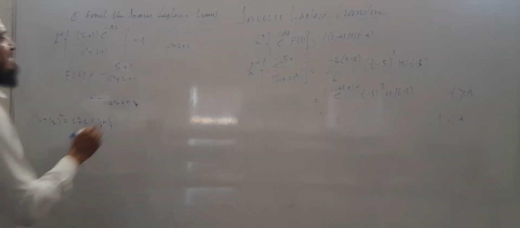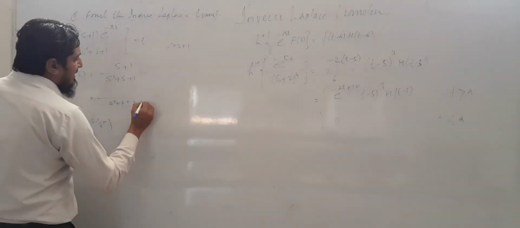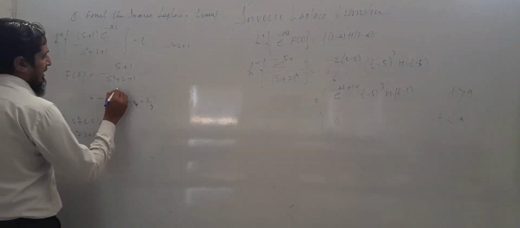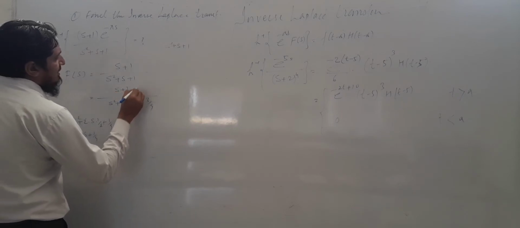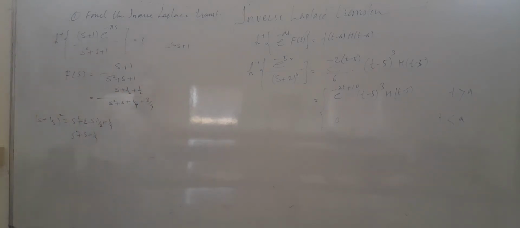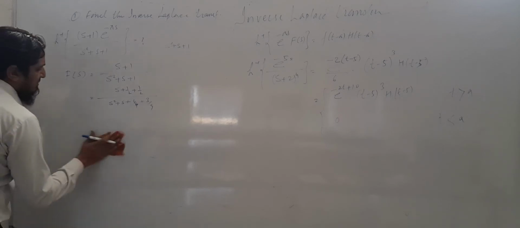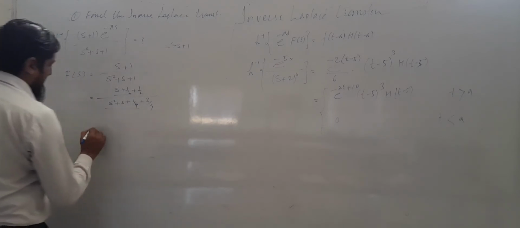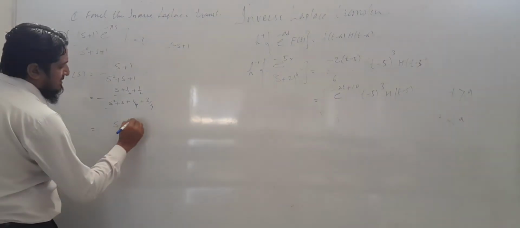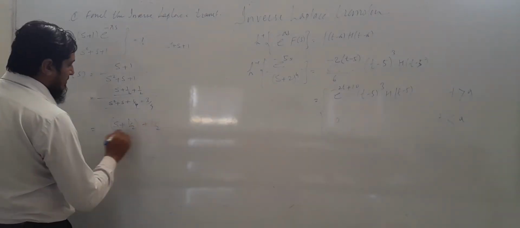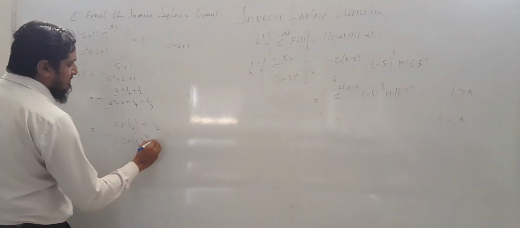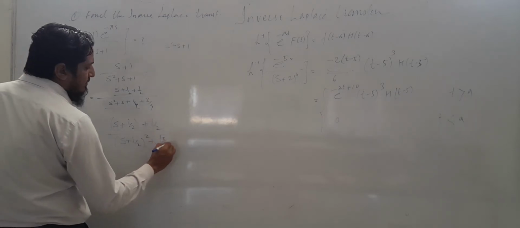So we can write it as 1 by 4 plus 3 by 4, and s plus 1 by 2 plus 1 by 2. Now we can easily simplify this expression. We will get (s plus 1 by 2 plus 1 by 2) upon (s plus 1 by 2) bracket square plus (root 3 by 2) square. Correct?